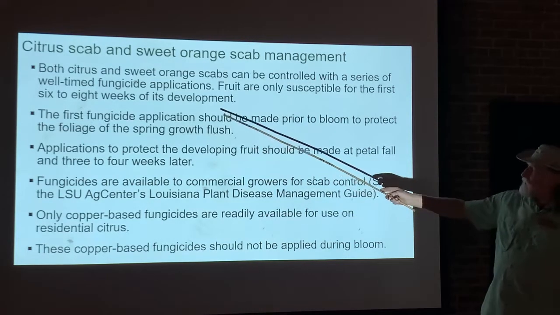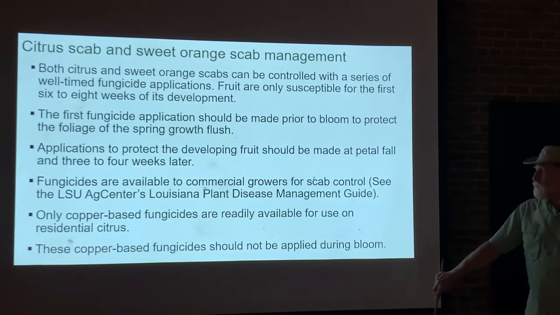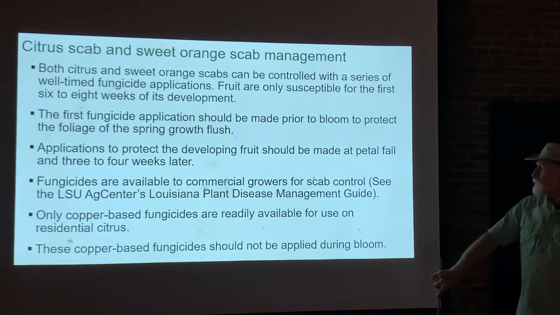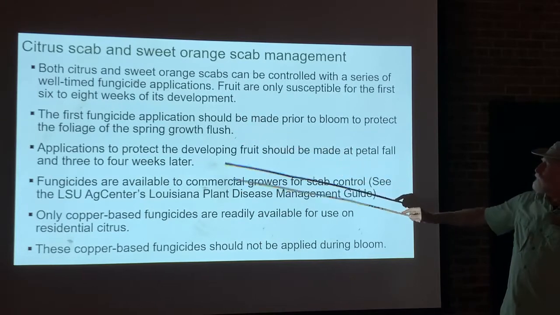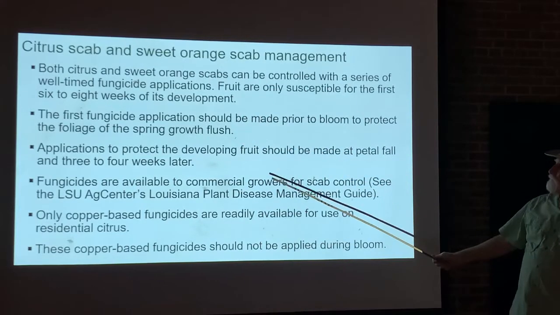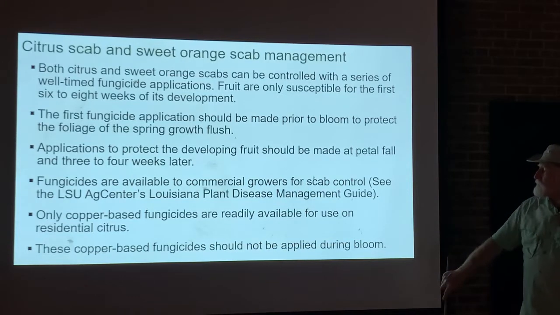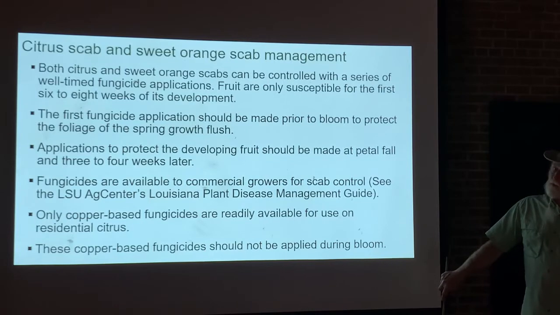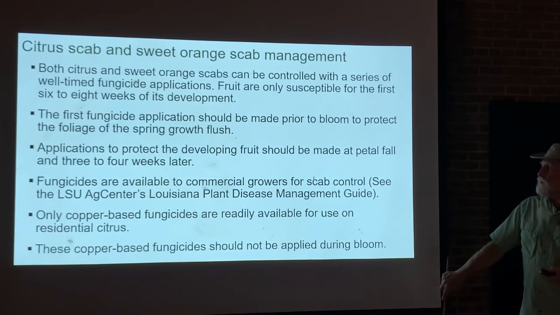And as I said, you've got a couple of different applications that you want to make if you want to keep your plants disease-free. As you note, we apply just prior to bloom and then after petal fall. One thing you don't want to do is apply the copper-based fungicides during the bloom period. You do it just before the bloom and after petal fall, and then again 3 to 4 weeks later.